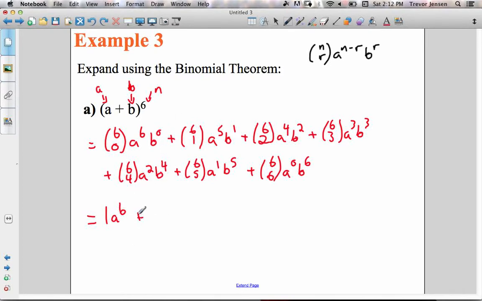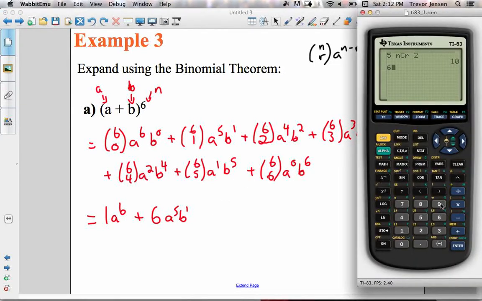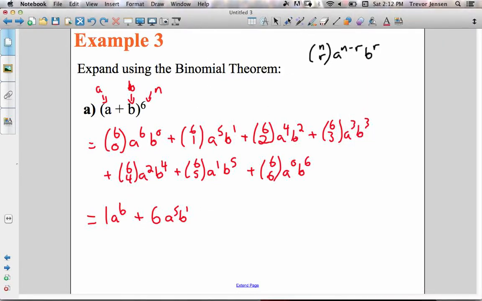My next term, 6 choose 1 is 6. a to the 5, b to the 1. I can't simplify that at all. My next term, I'm going to have to do 6 choose 2, and I get 15. Plus 15 a to the 4, b to the 2.